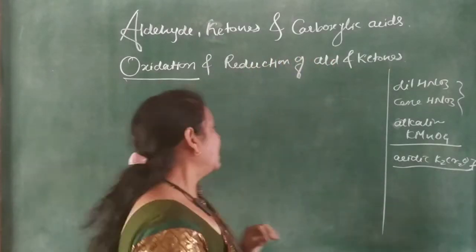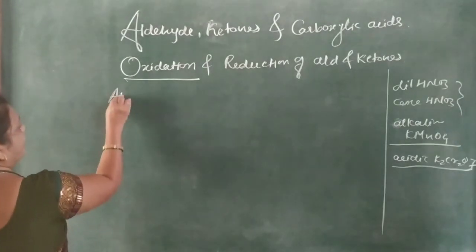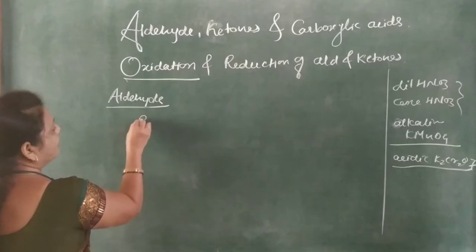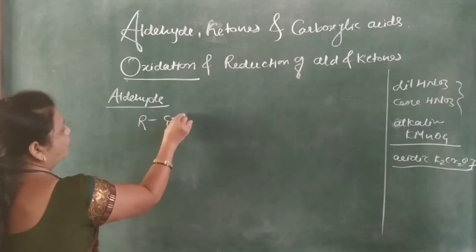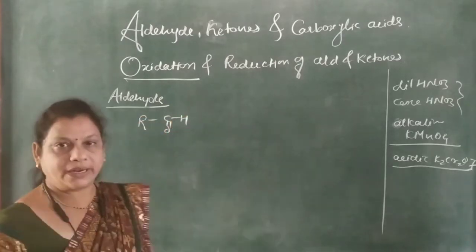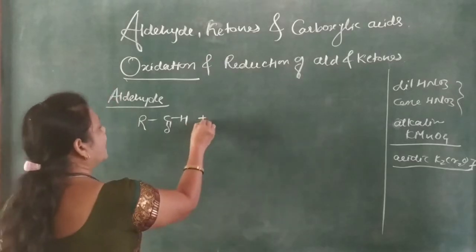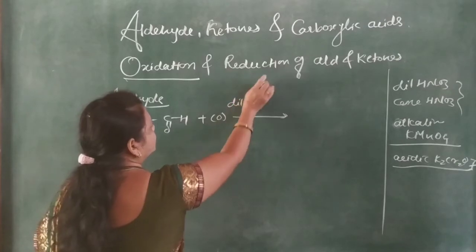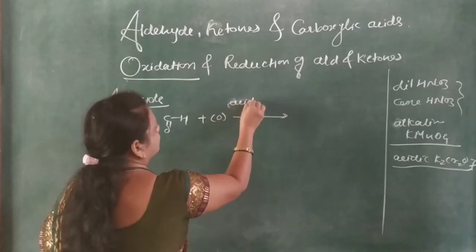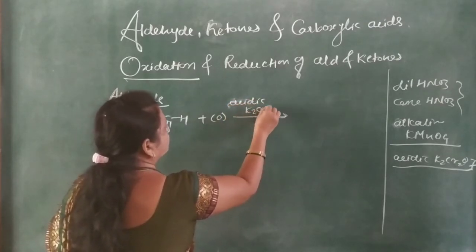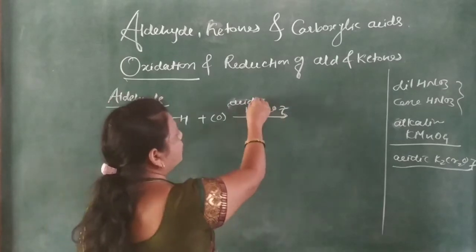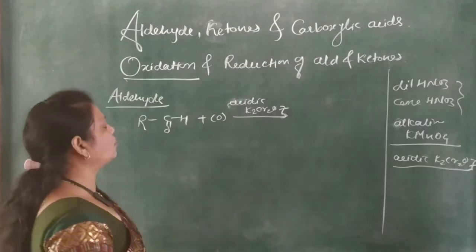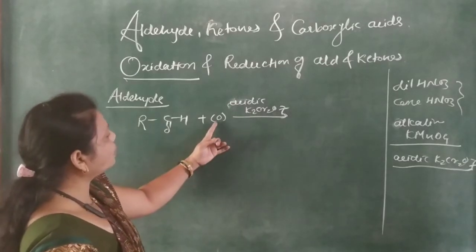So first, that is oxidation of aldehyde. Oxidation of aldehyde, RC double bond OH. This is the general form of an aldehyde. And an aldehyde on oxidation in the presence of acidic K2Cr2O7, meaning K2Cr2O7 plus sulfuric acid, produces a nascent oxygen atom.